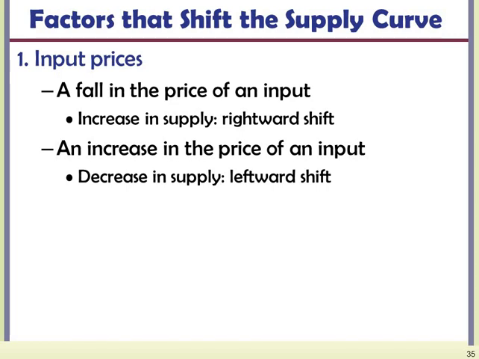Ulitin natin: pag mas mababa ang iyong nagastos, marami kang pwedeng mabili, kaya mas dadami ang iyong supply. Pero pag tumaas ang presyo ng raw materials mo, kukonti na lang yung pwede mong mabili, at kukonti na rin ang supply mo.